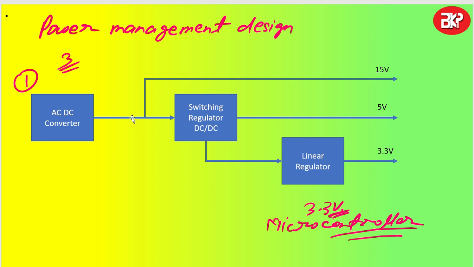And then it can be taken as like 15 volt output, or let's say 12 volt output, whatever the specification is. Then we will be utilizing one switching regulator which will be giving us, let us say, 5 volt, and this 5 volt will be converted to 3.3 volt using a linear regulator. So a complete understanding of power management, like AC-DC, then DC-DC switching, and then DC-DC linear regulator, all the three we will try to understand one by one, okay?